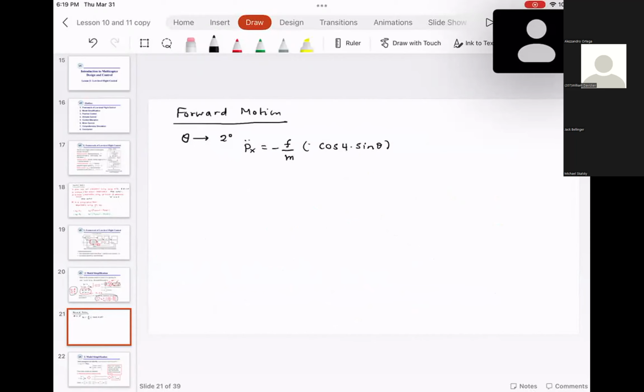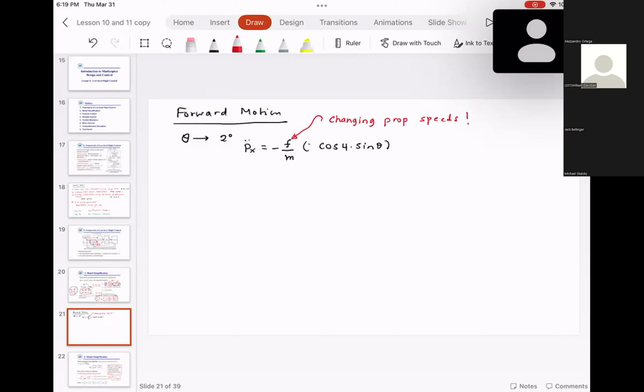What I would do now is change this f by changing the speed. Are you with me so far?